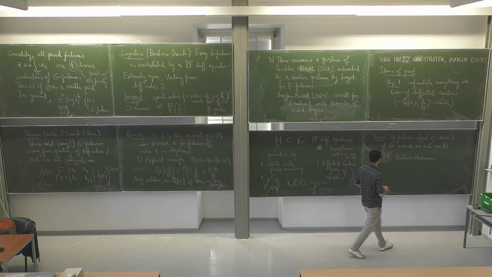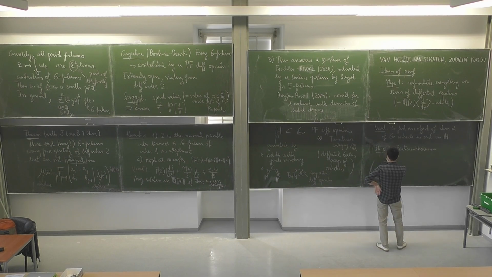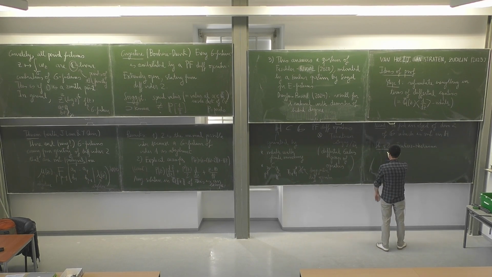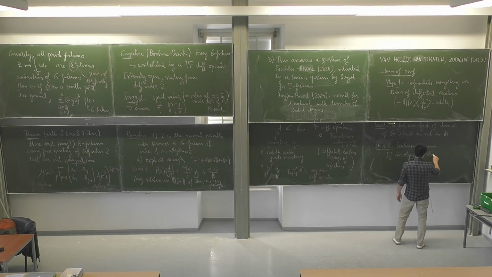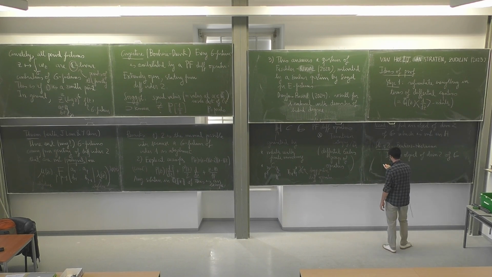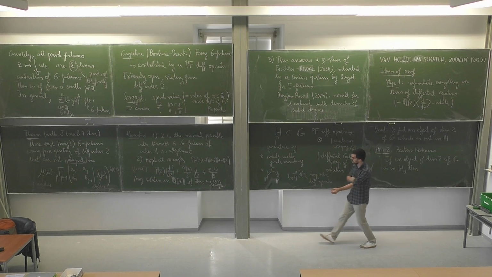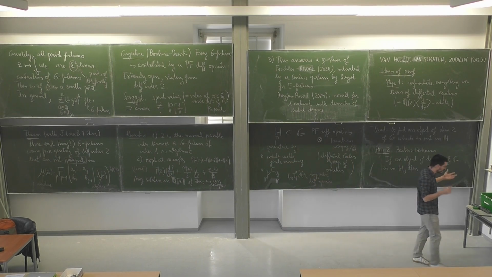And using their work, this step 2 shows that if an object of dimension 2 of G is in H, then, okay, being in H means that you take finitely many such things. You take products, tensor products in all possible ways.